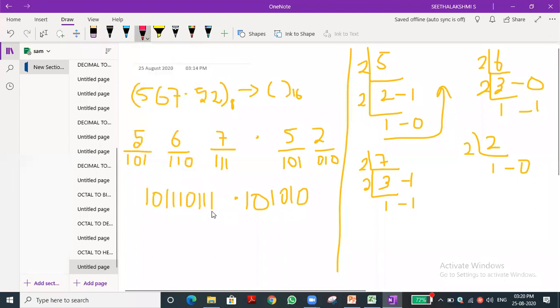This is the first group, this is the second group, and the third group has only 1, so we need to add how many zeros? Add 3 zeros. 1 0, 2 0, and 3 0 we added. Okay, fine. Here, grouping.